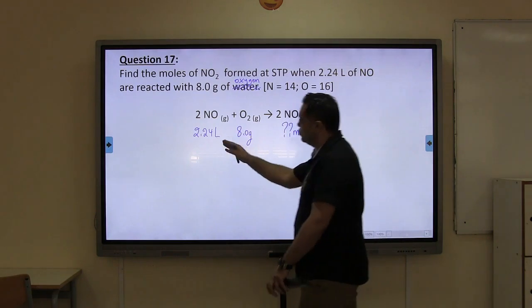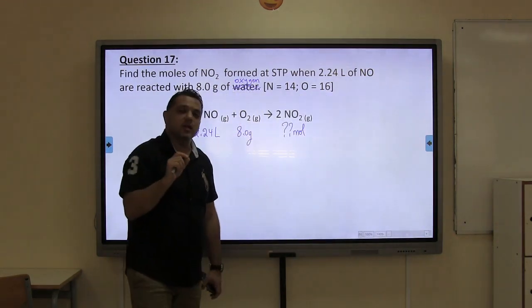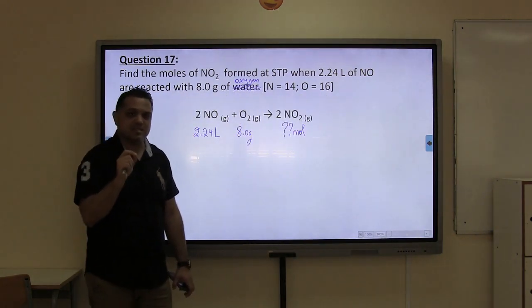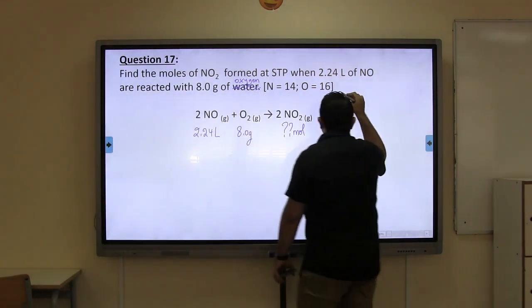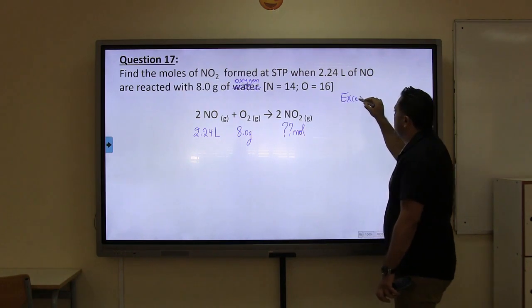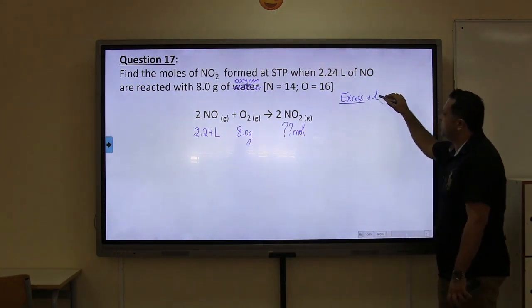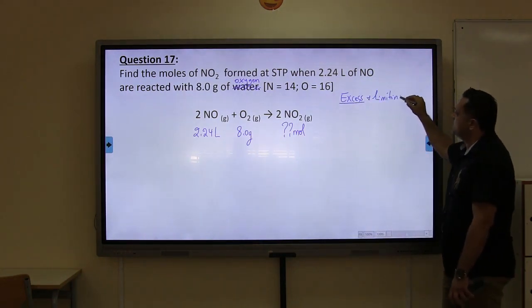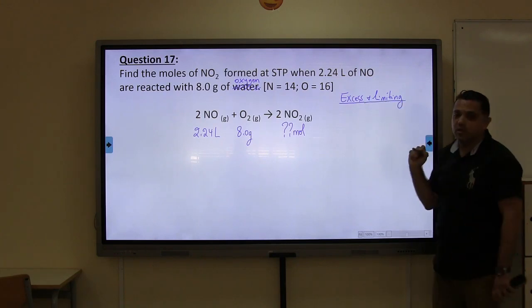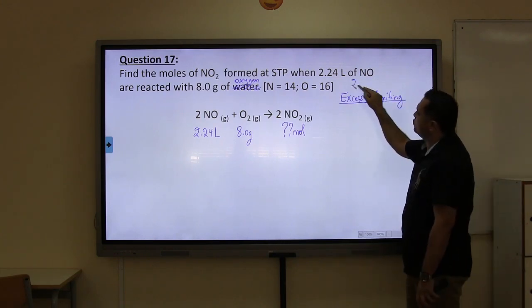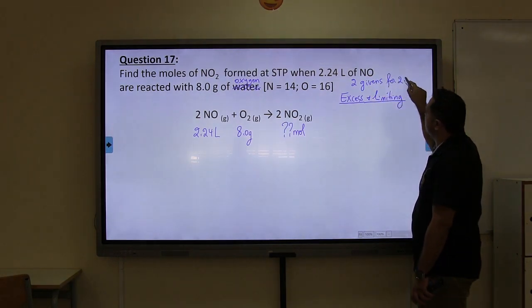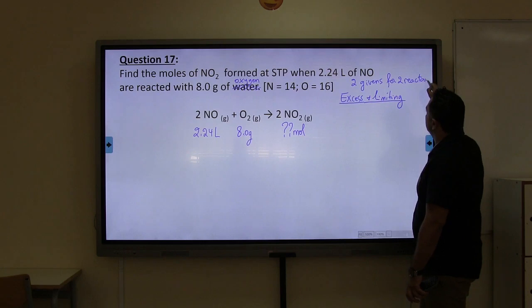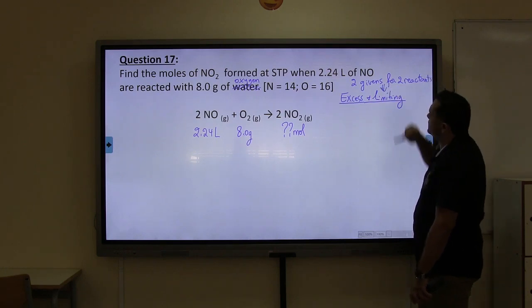So whenever we have 2 given for 2 reactants, it should be by using excess and limiting technique. Of course, I will list the steps for this technique. So excess and limiting will be used only if we have two givens for two reactants.